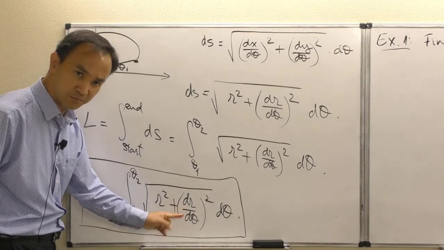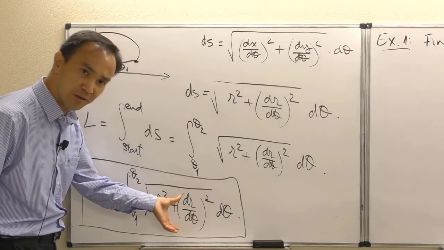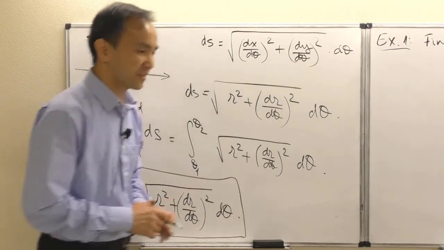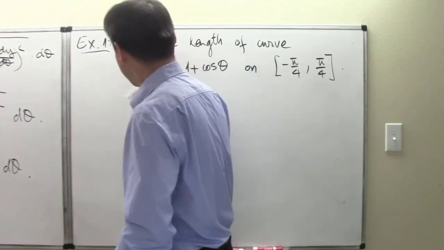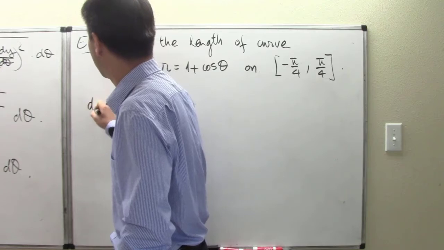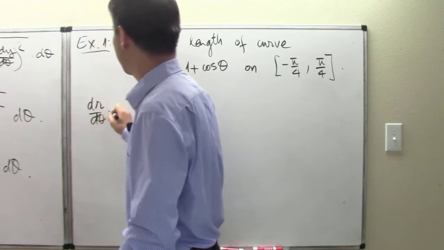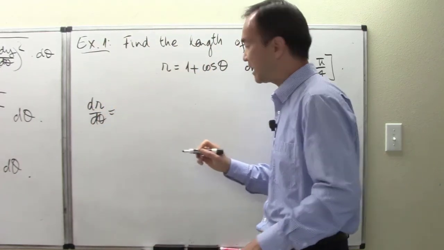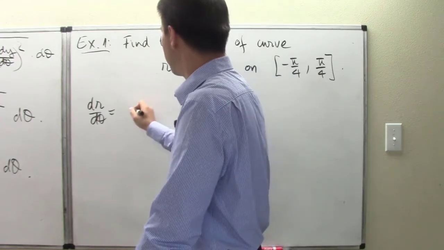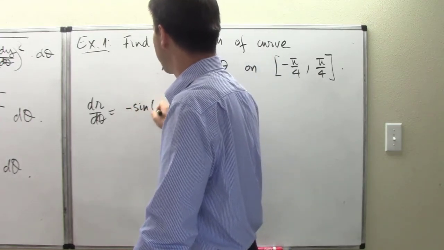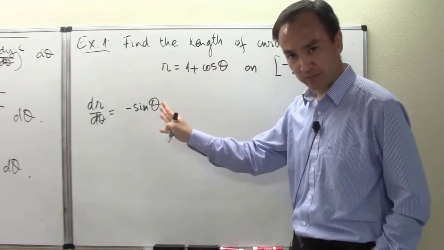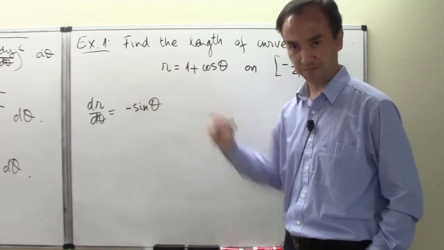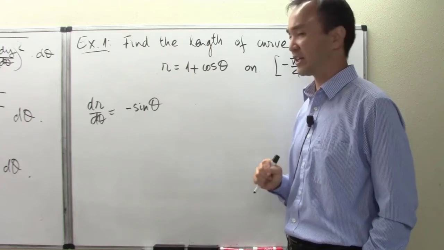So now in our actual problem, let's spend some time deriving dr d theta, and we're going to put the pieces together. From this definition of r right here, dr d theta has to be minus sine of theta. No doubt about it. Anyone learning calculus up to this point should be fluent with this, and taking the derivative is just as usual.